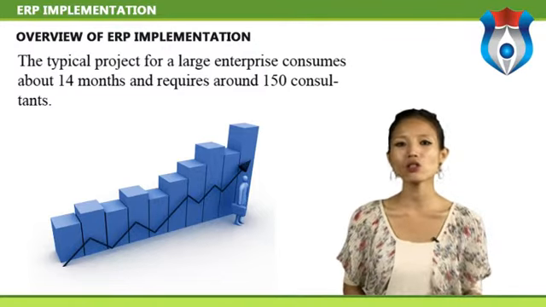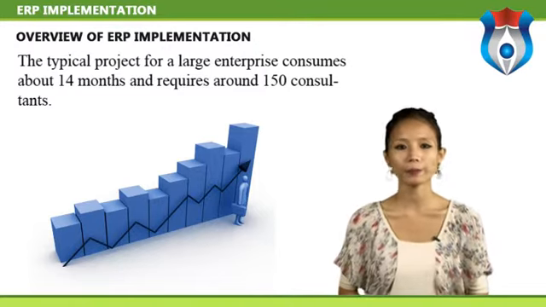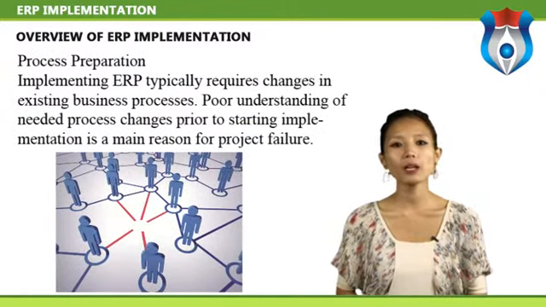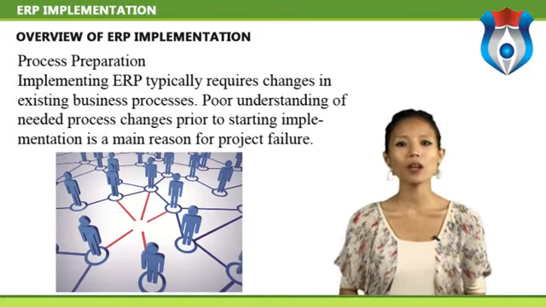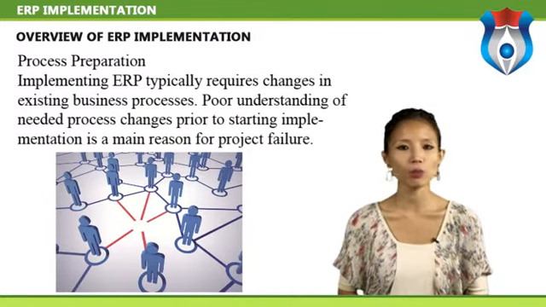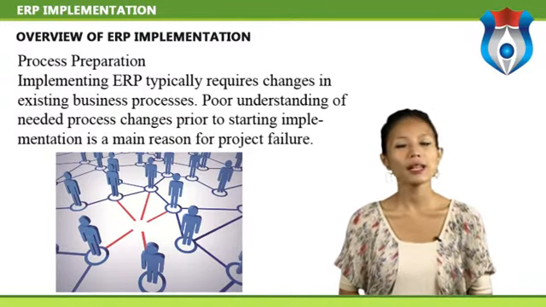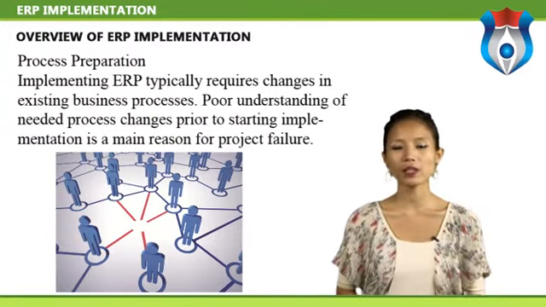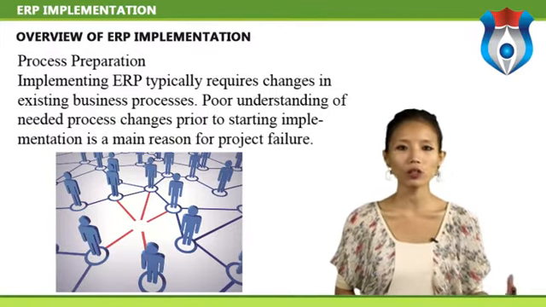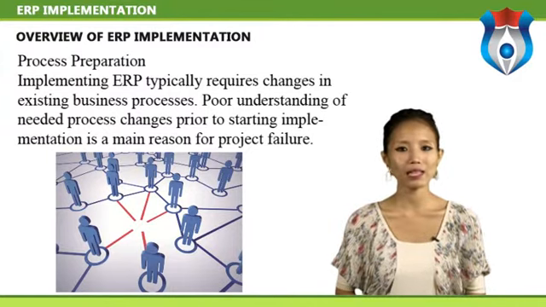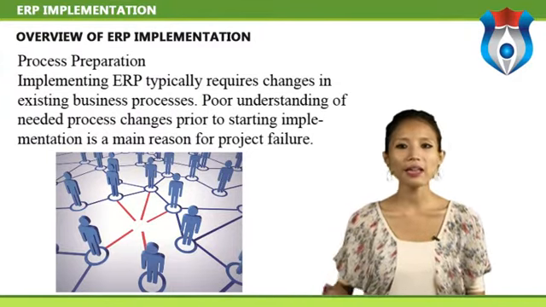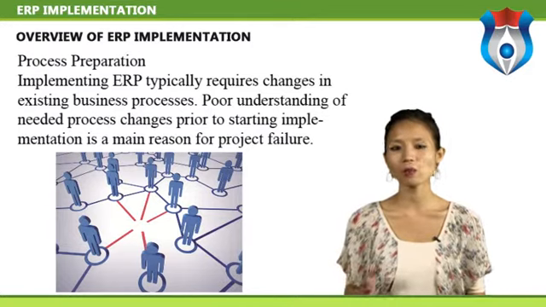Customization can substantially increase implementation times. Implementing ERP typically requires changes in existing business processes. Poor understanding of needed process changes prior to starting implementation is a main reason for project failure. It is therefore crucial that organizations thoroughly analyze business processes before implementation. This analysis can identify opportunities for process modernization.